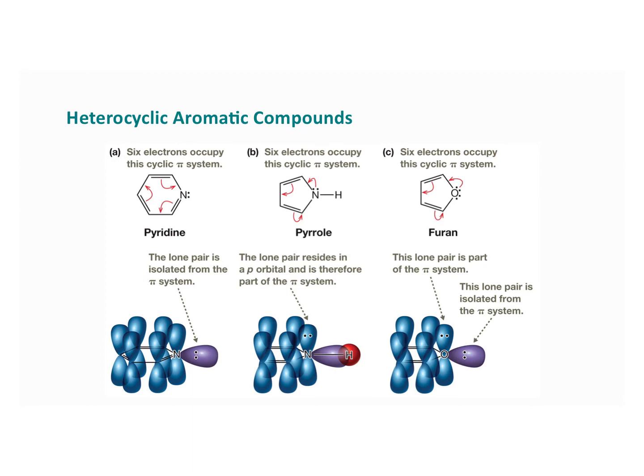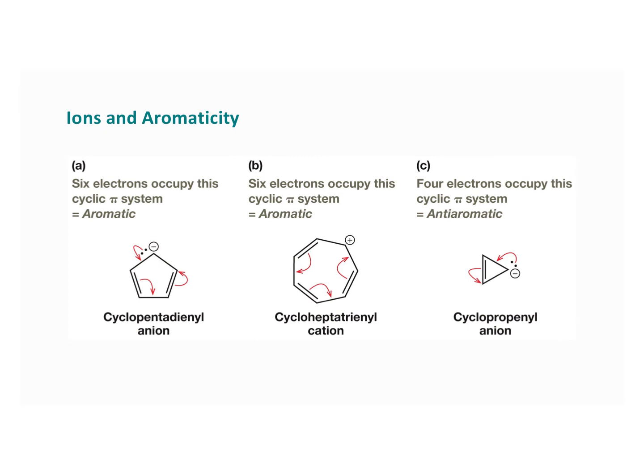heterocyclic aromatic compounds. Now, let's talk about ions for a little bit, because molecular ions can be aromatic or anti-aromatic. So if we look here, the curved arrows involve every atom of the ring, and rings are planar, so each of these species has a cyclic pi system.